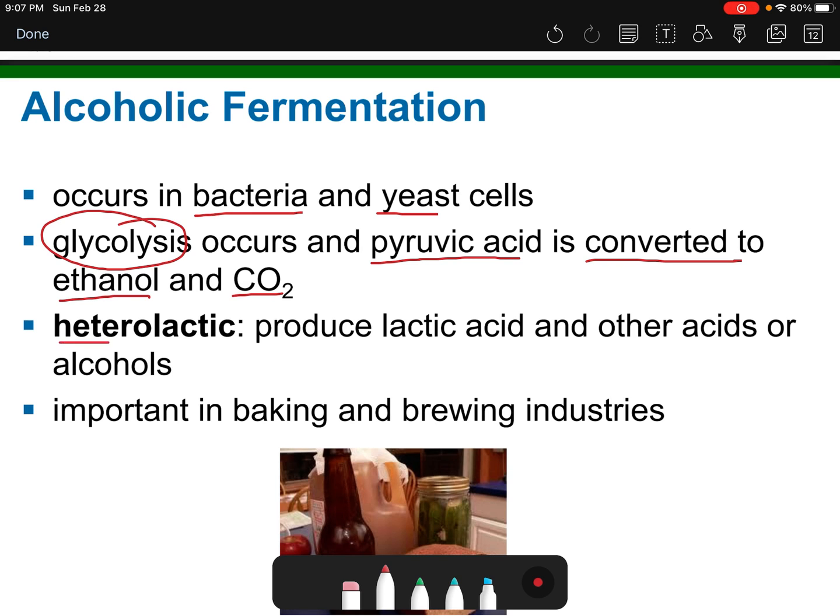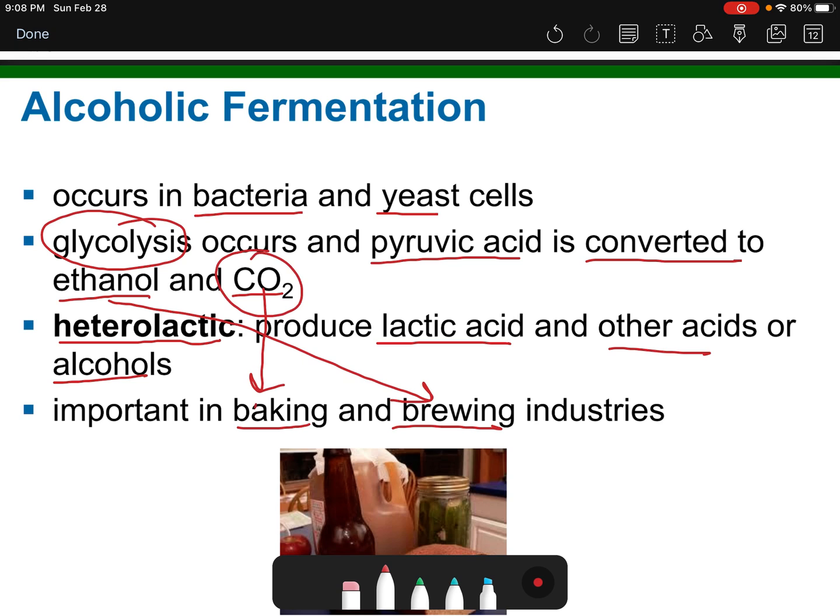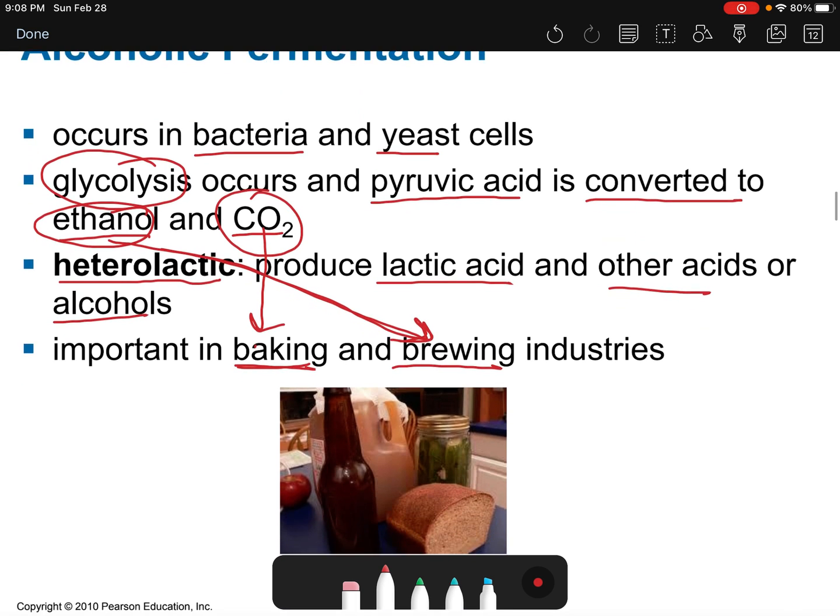If it's a heterolactic type of fermentation, it's going to produce lactic acid and other acids or alcohols. This is important in the baking and the brewing industries. The CO2 end product is important for the baking industry, and the ethanol end product is important in the brewing industry.